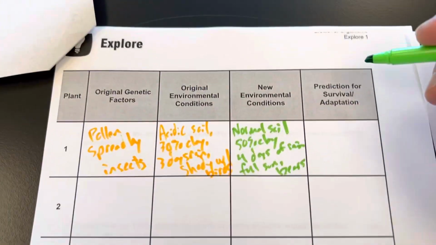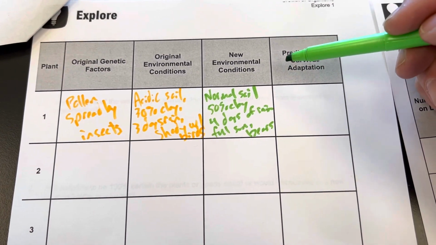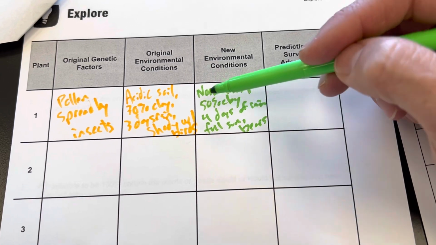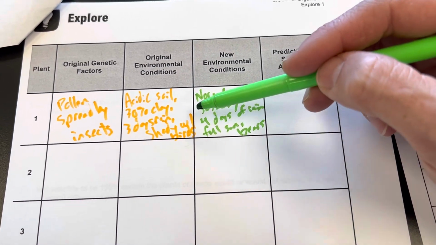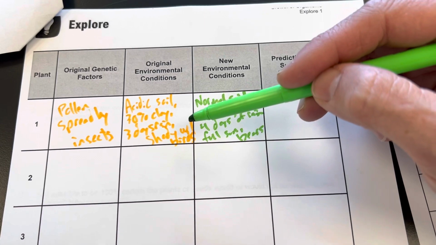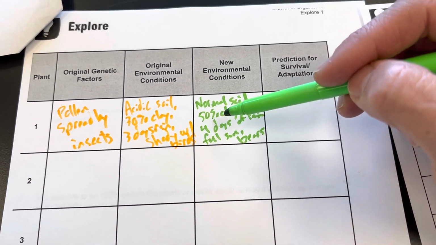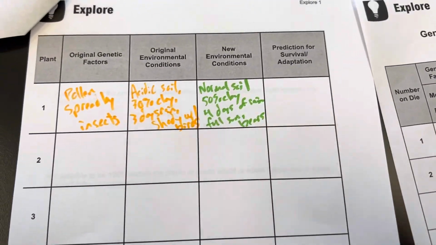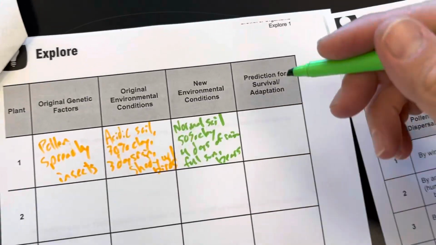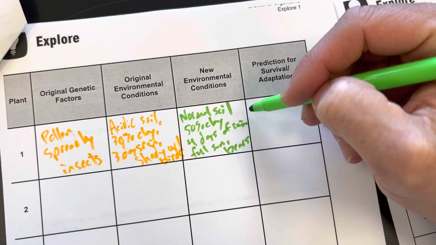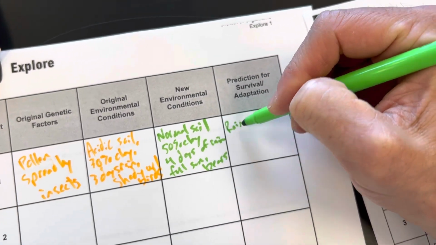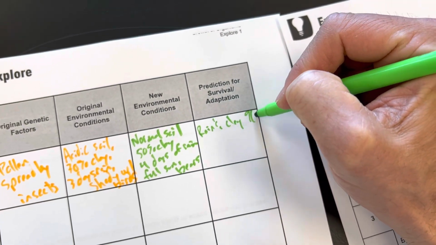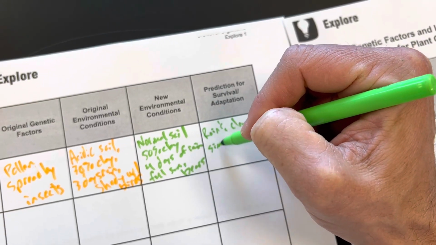I'll help you with my initial thoughts. As I'm looking at this, I'm thinking, well, this soil acidity could be rough. However, the clay is pretty similar, and the amount of rain's pretty similar. Shady compared to full sun, that might be what kills it. So I'm going to come over here, and I'm going to write, well, the rain and clay percentage is similar.